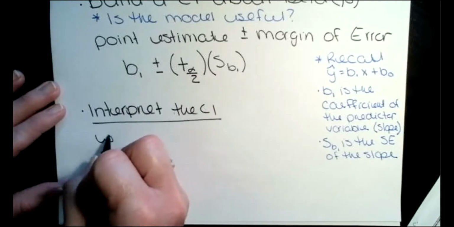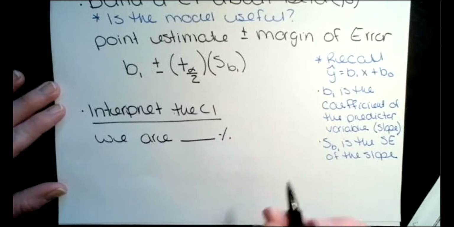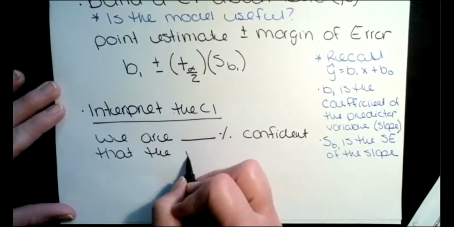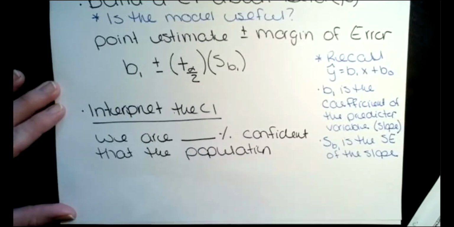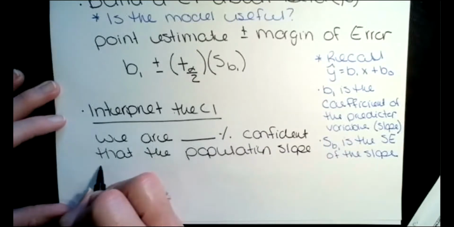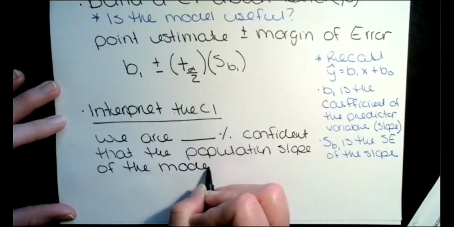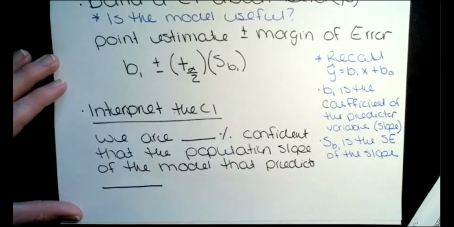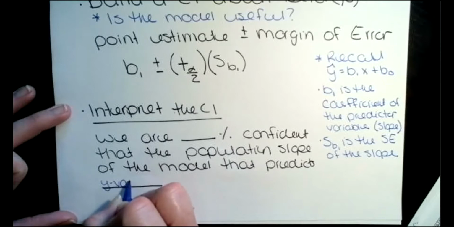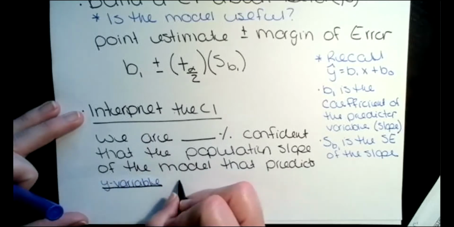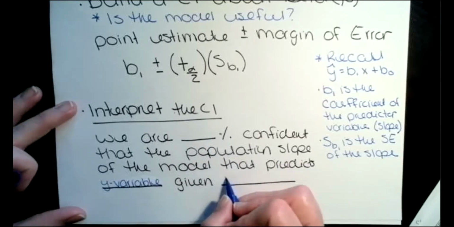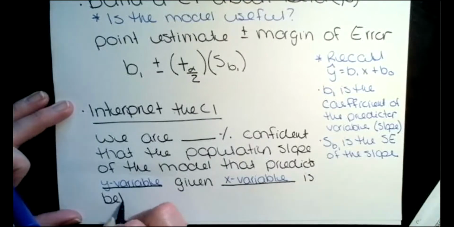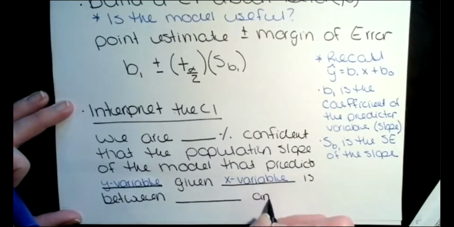And that will be something like, we are blank percent confident, whatever our level is, that the population slope, that's what we're studying, now the context, so of the model that predicts my Y variable, given the X variable, is between our lower bound and upper bound.